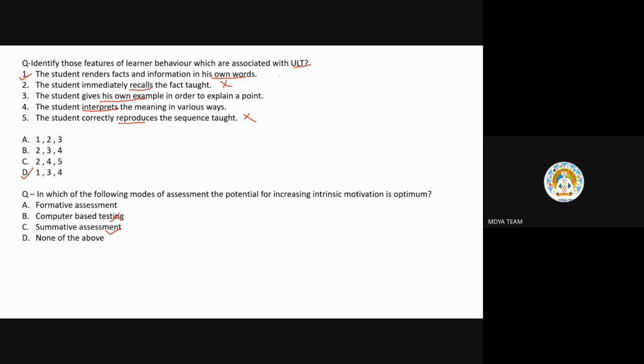So the correct option is formative assessment because this assessment happens during the course. In formative assessment, if they are not getting good marks or positive feedback, the learner can be motivated intrinsically for improving their performance. So the correct answer is formative assessment.